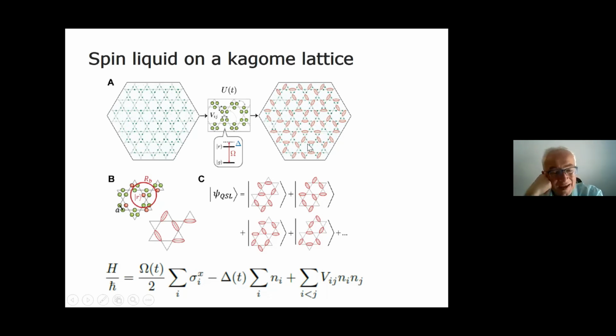And so we expect in this system the ground state to be a spin liquid, where you have many different possible ways of arranging these atoms so that they fill the whole lattice and satisfy this blockade criterion. So we believe that the true ground state of the system should be a superposition of all these various different lattice orderings, right?